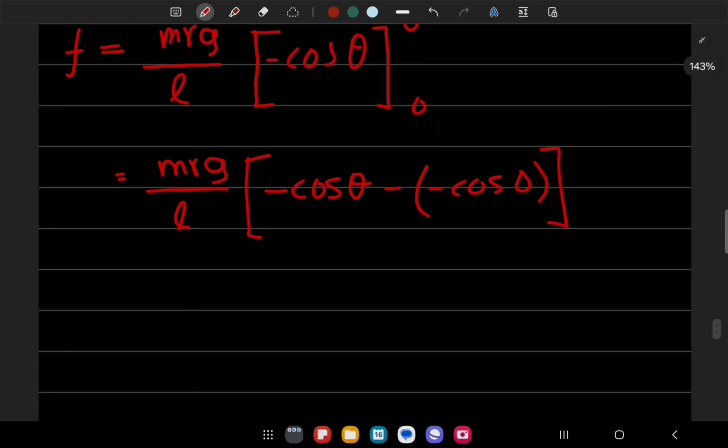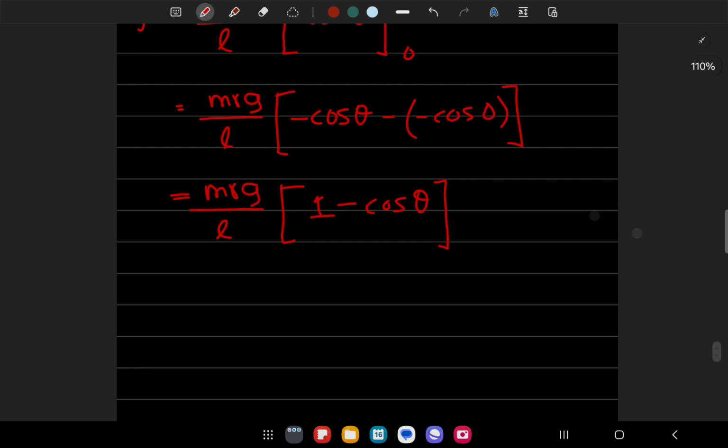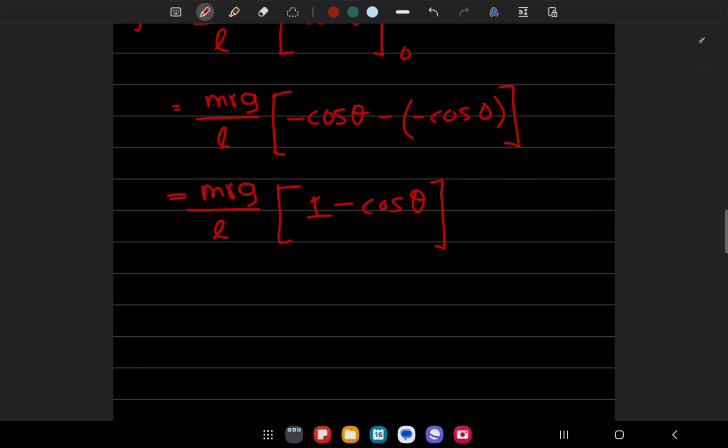We get m r g by L into 1 minus cos theta. This is a force. The whole mass of the rope is m, so dividing the force by the total mass gives the acceleration: r g by L into 1 minus cos theta.